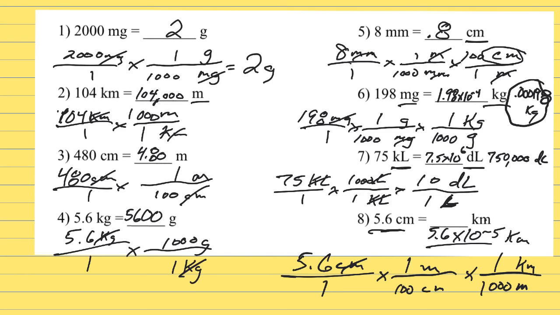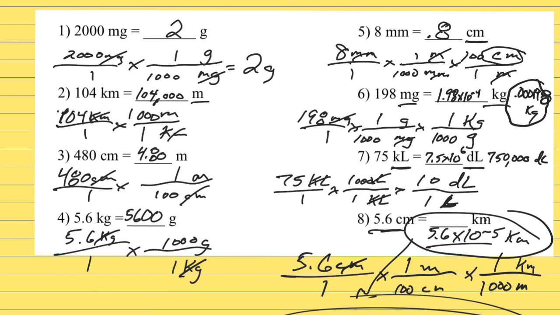If your calculator doesn't do scientific notation, I believe this should be 1, 2, 3, 4. 1, 2, 3. Yep. 0.00056. For some reason, there's a hidden thing there. That's the last one.